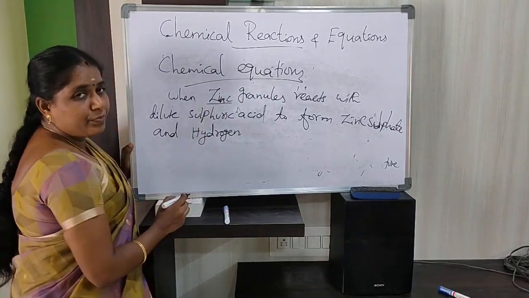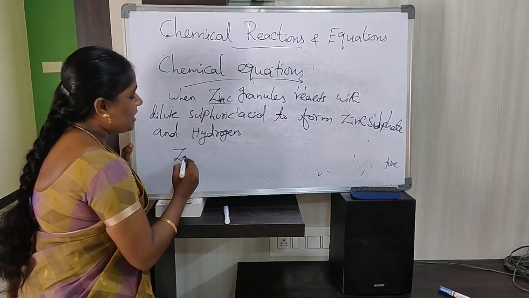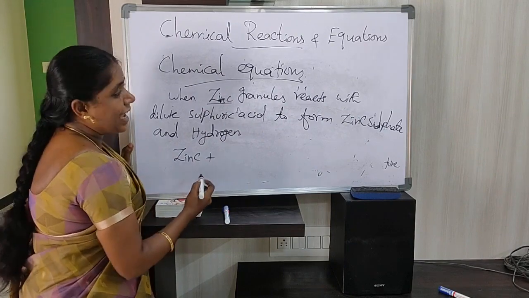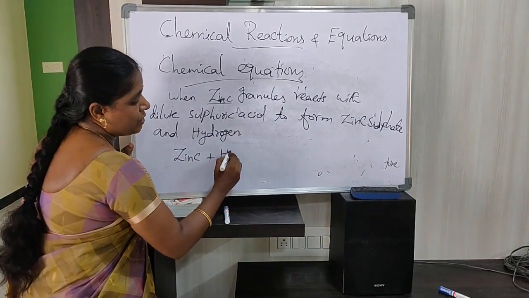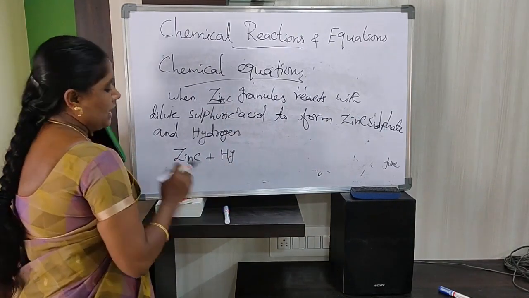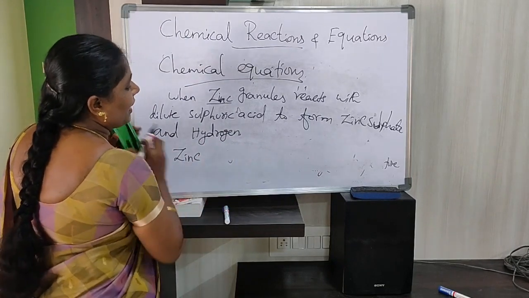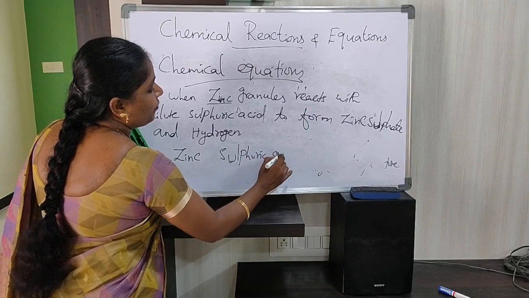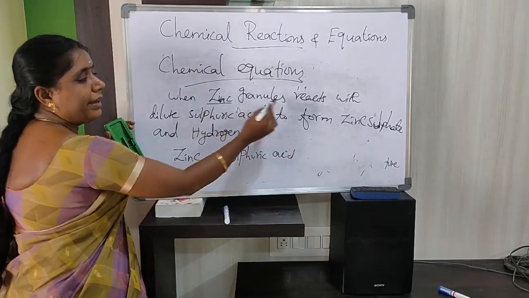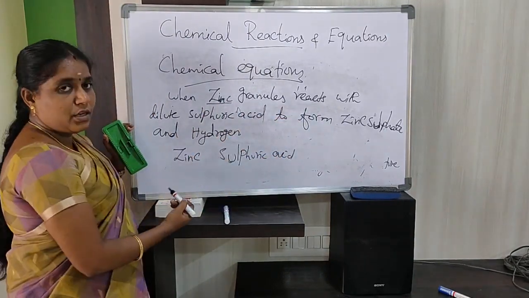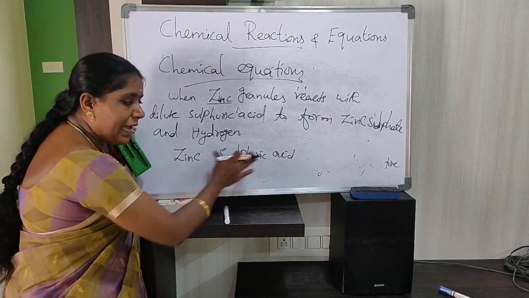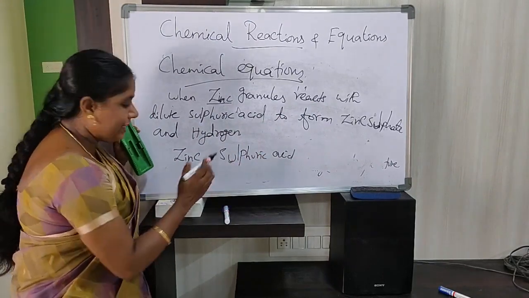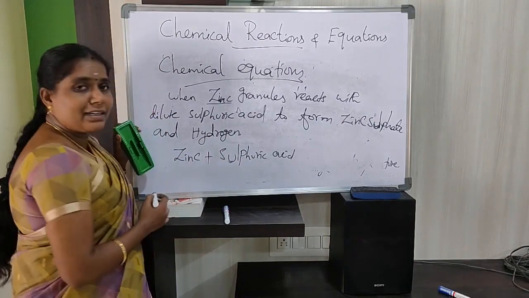So zinc reacts with sulfuric acid. Listen, zinc granules react with sulfuric acid. So here zinc and sulfuric acid are reactants. So two reactants are there.